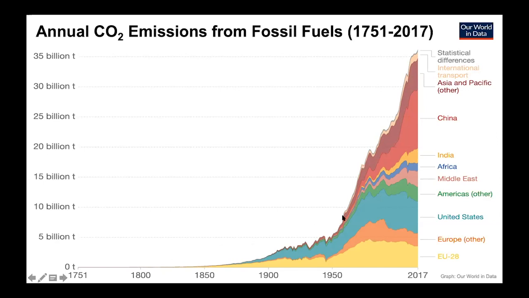The United States is at a consistent level right there, but China is growing exponentially. India is expected to grow. We haven't slowed down, and so it is anticipated that unless we start making some changes, things will continue to advance more and more.